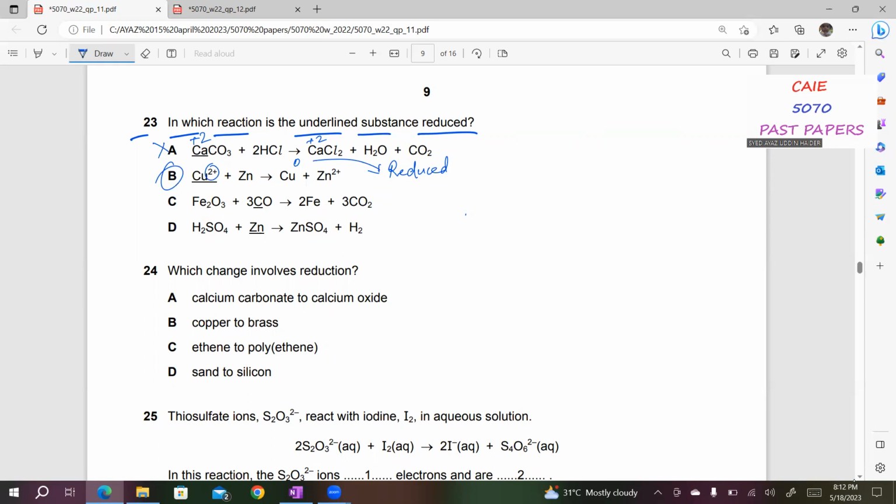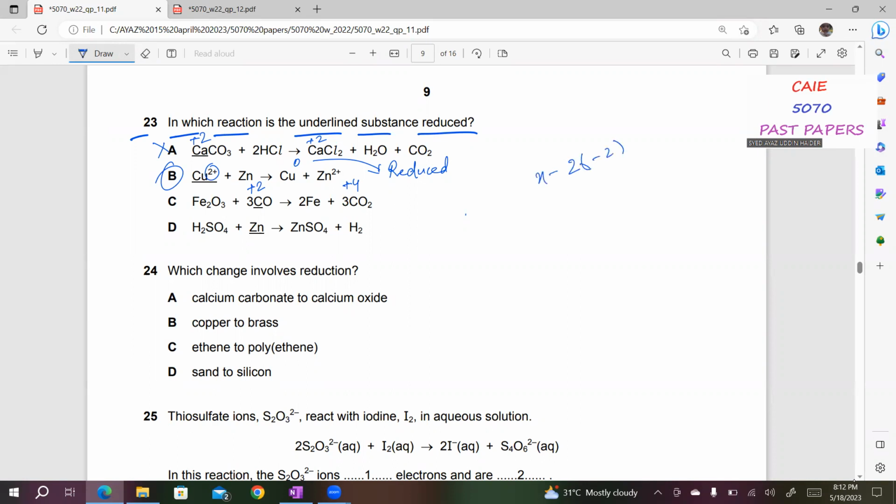Now, if you work out the charge on C of CO, you will get plus 2. And on the product side, the charge on C will be plus 4. Because the charge on oxygen is minus 2, and we have two atoms of oxygen.